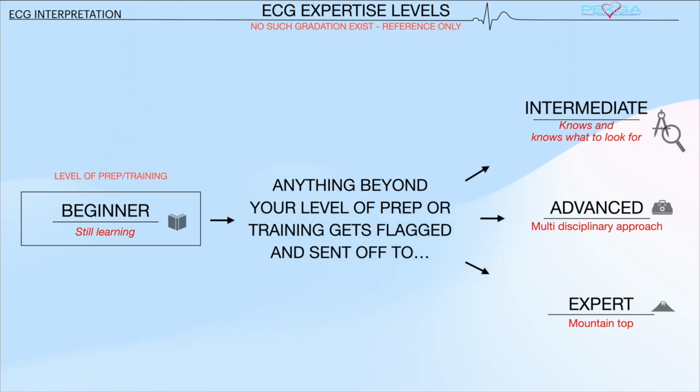A beginner will get hired or trained, and then they will have either a well-defined or an implied situation where anything beyond their level of prep or training gets flagged and sent off to somebody that's intermediate, advanced, or an expert. This is pretty common. It happens either because it has to or because it's a good idea in that setting. Just be aware of that.